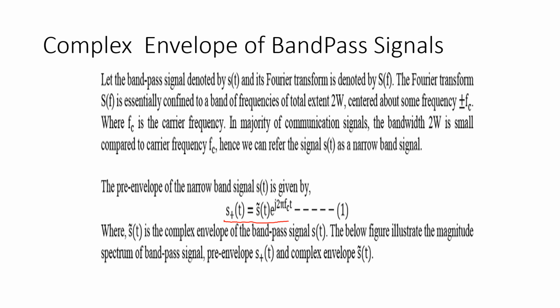That tilde only represents the complex envelope. This can be represented in symbolic terms as tilde or transpose; both are similar parameters. S plus of t is equal to s tilde of t e to the power of j 2 pi f c t.